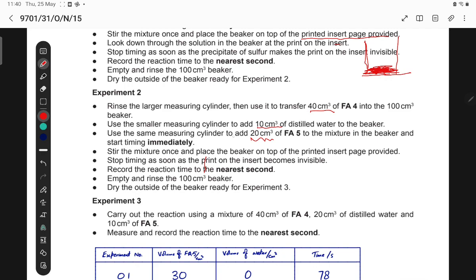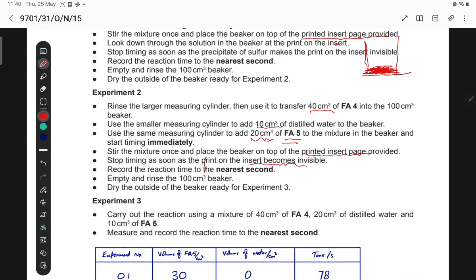Use the same measuring cylinder to add 20 cm cube of FA5 to the mixture in the beaker and start timing immediately. Stir the mixture once and place the beaker on top of the printed insert page provided, and stop timing as soon as the print on the insert becomes invisible, as soon as the sulfur is produced.